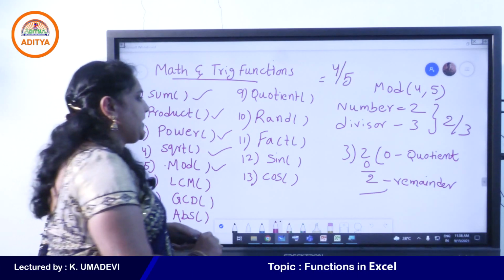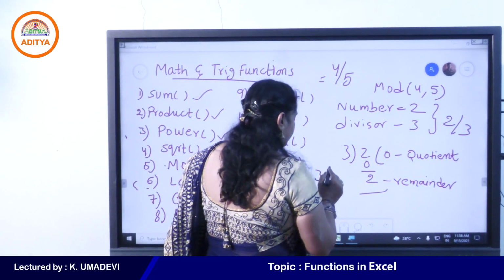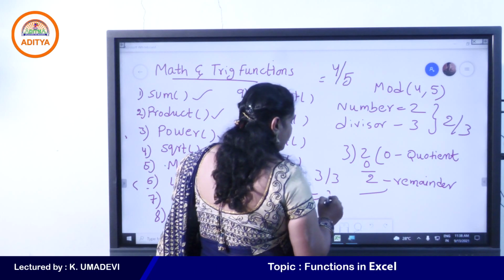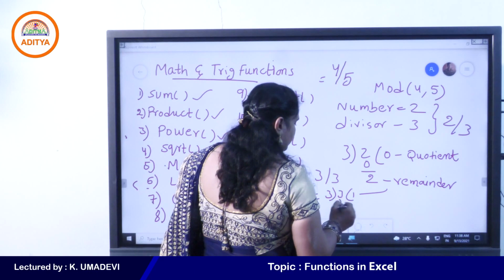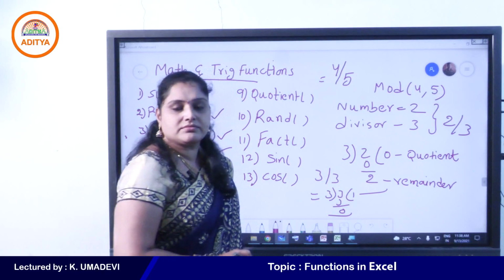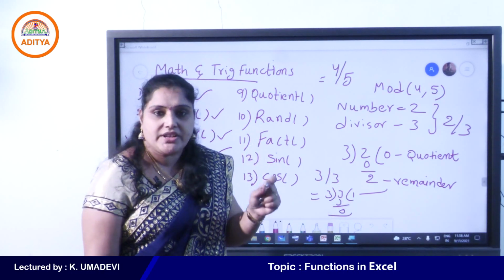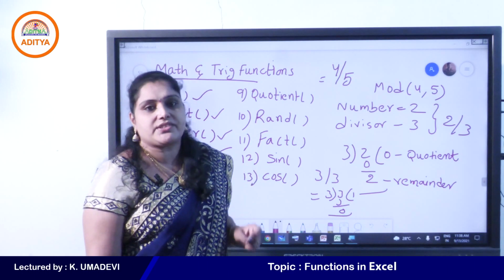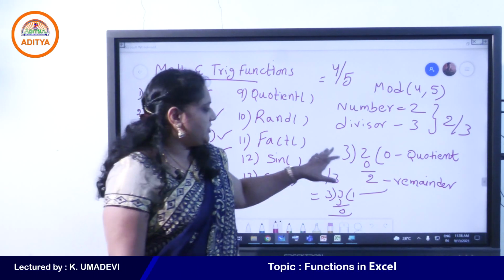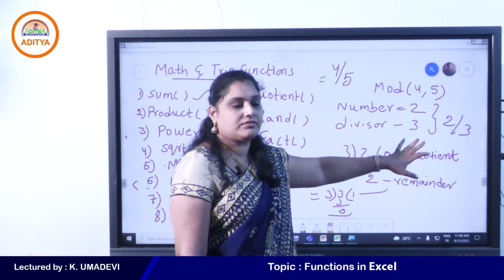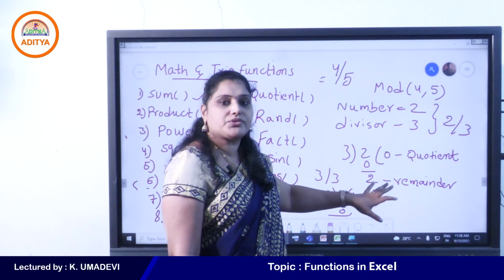Here our first example is 3 by 3, right? 3 by 3. So what is the remainder? So remainder is 0, right? So mod of 3 comma 3 is 0. That means mod function always returns the remainder as its result. So 2 by 3, that means the result is 2.